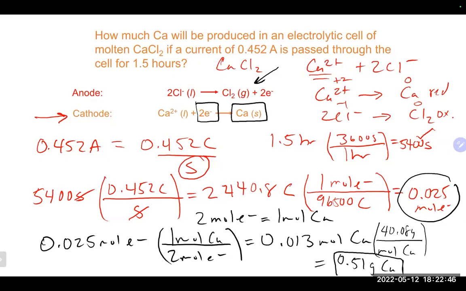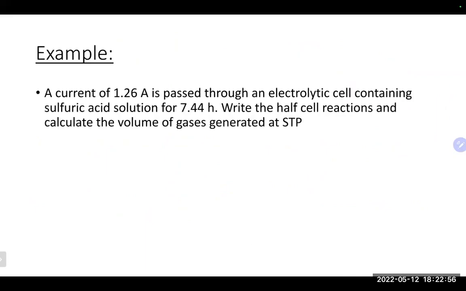All right, so why don't you try one, which is the one we skipped. We'll go back to it, which is the water example. So if we run a cell at 1.26 amps and we run it for 7.44 hours, how much volume of each gas will be produced at STP?